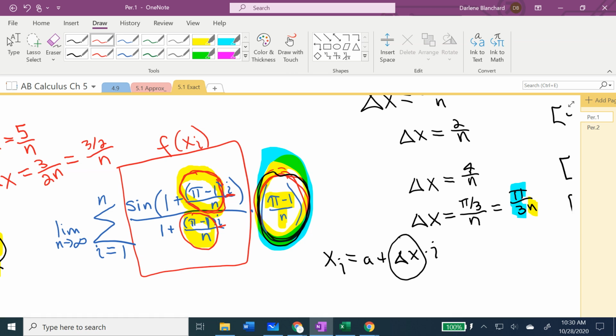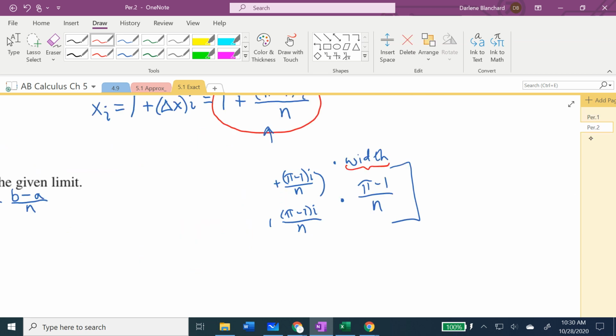So now we're going to go back to the problem we are working on and see if we can find delta x.